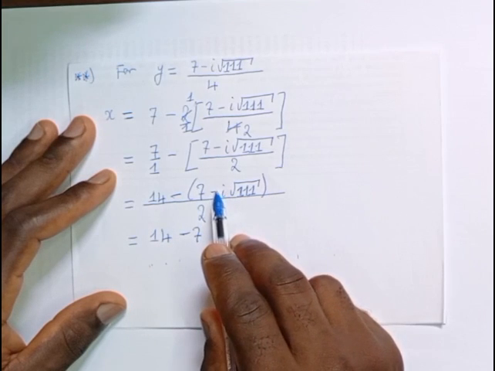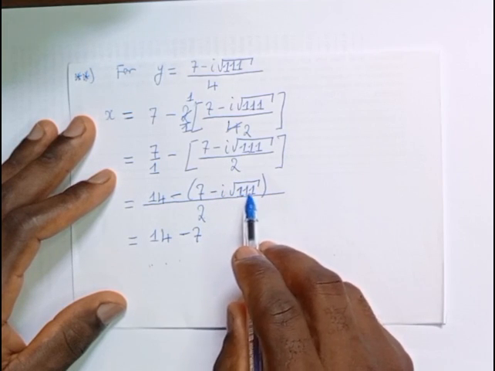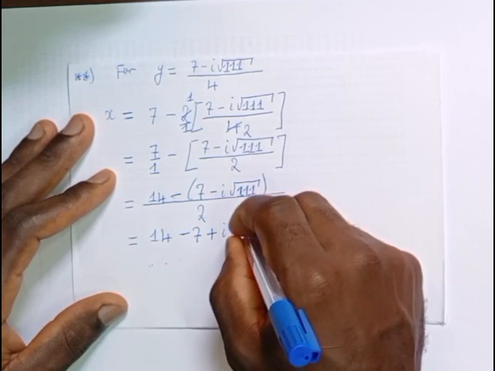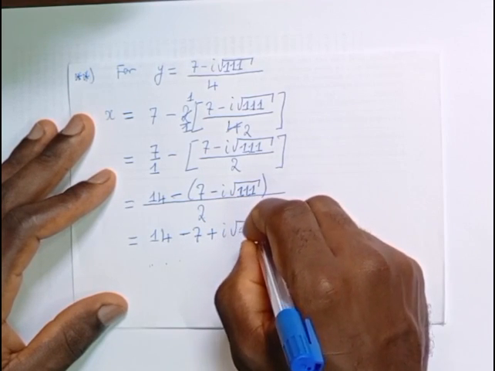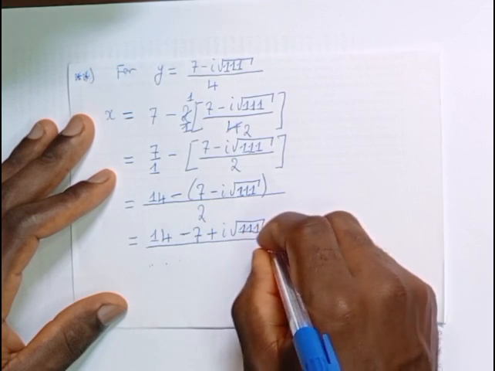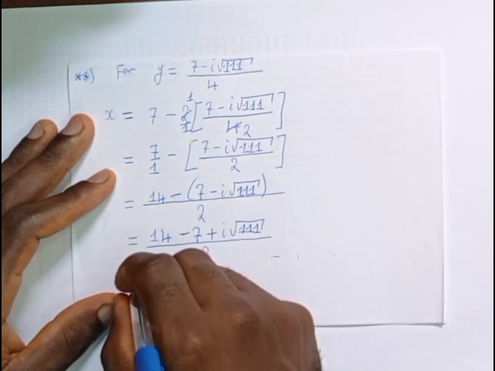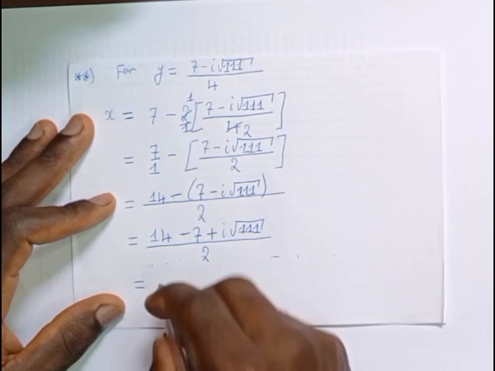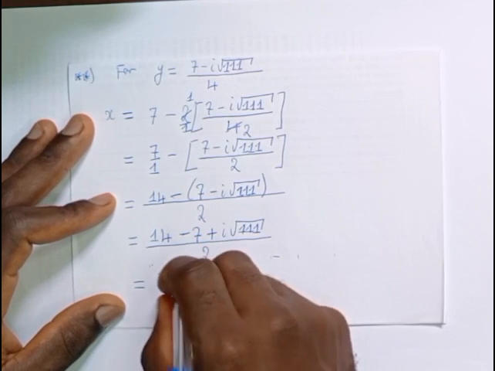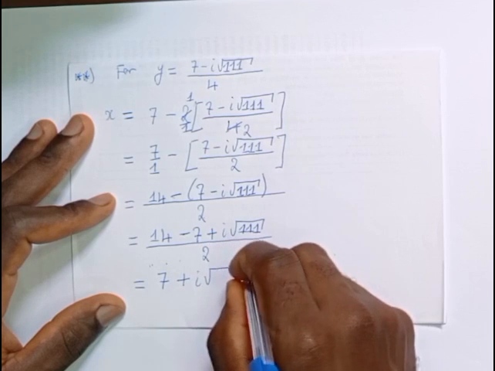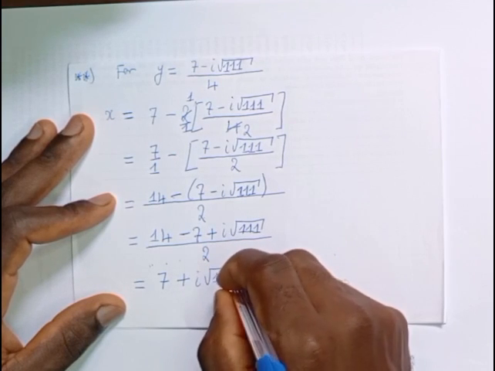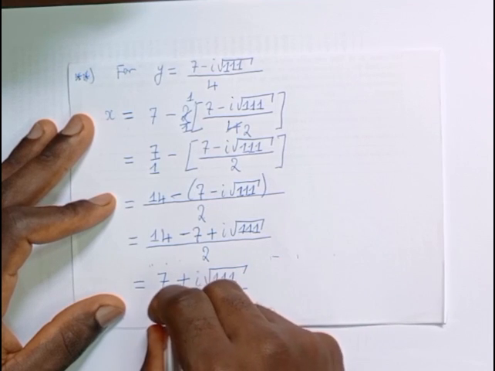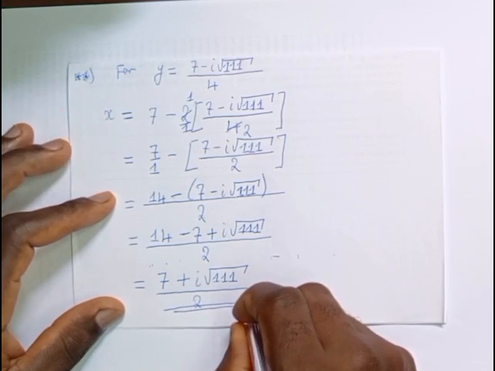Negative 1 times negative i root 111 becomes plus i root 111 all over 2. This will simply be equal to subtracting the real parts, 14 minus 7 gives us 7, plus the imaginary part, which is i root 111 all over 2. This is the second value of x.